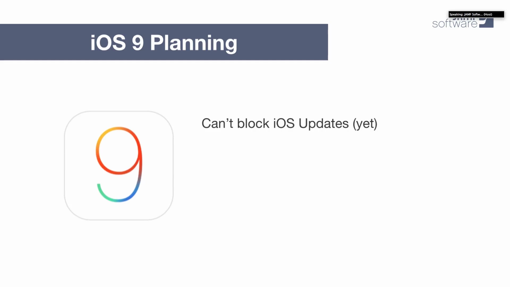There will be ways to block going from 9 to 10 in the future, and those features will be added to the Casper Suite down the road as we get closer to supporting those. But know that going from 8 to 9, you can't really control, but going from 9 to 10, there will be some tools in place for that down the road.